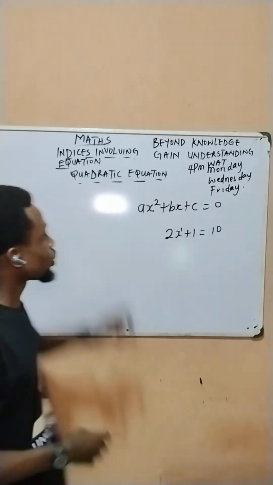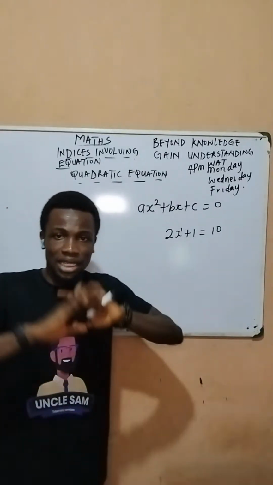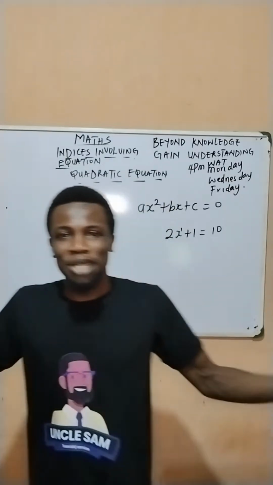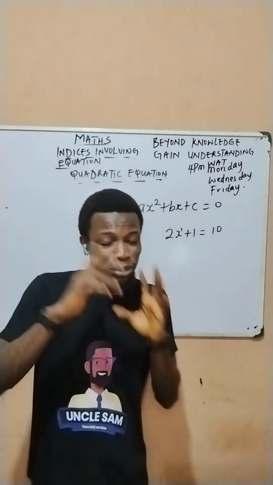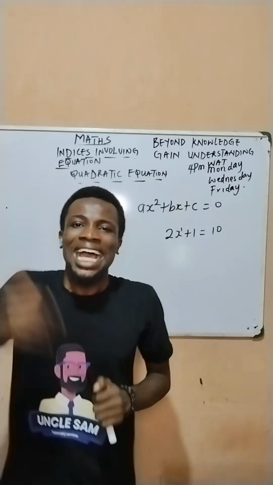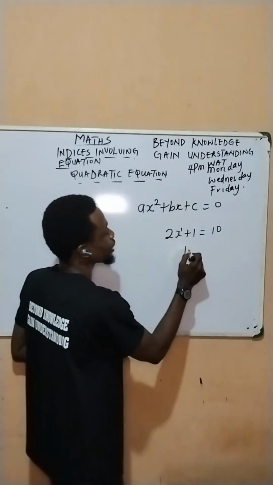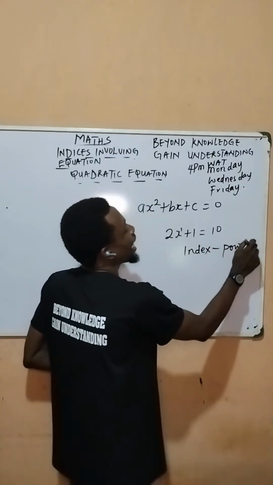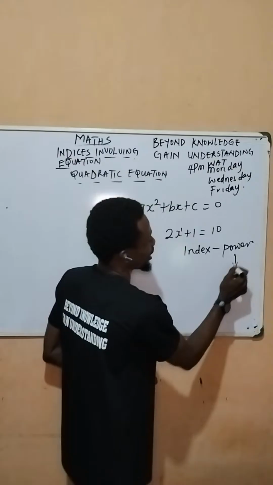Now, to move forward, we're going to see some real-life examples of how this plays out. We've already been considering indices, and I keep repeating it: for the whole session of this indices class, I've been talking about the idea that indices talks about the concept of index. An index in maths talks about power. And there cannot be power without a base.